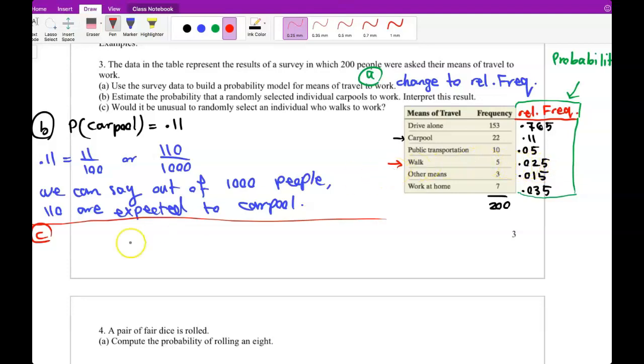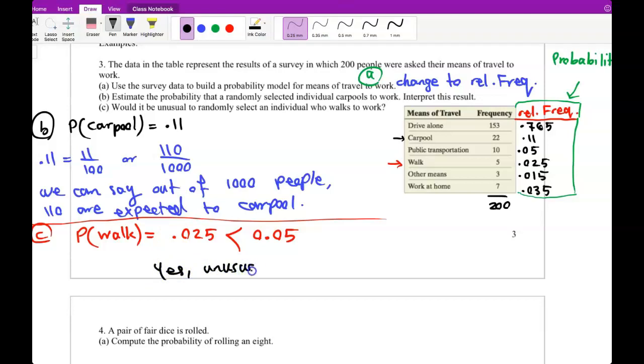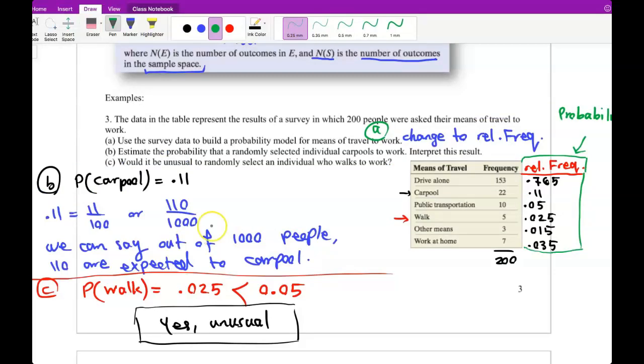And the answer for this part is yes, because the probability for that one is 0.025, and this is less than 0.05. So yes, this one is unusual. Okay, so this one was an example for empirical probability.